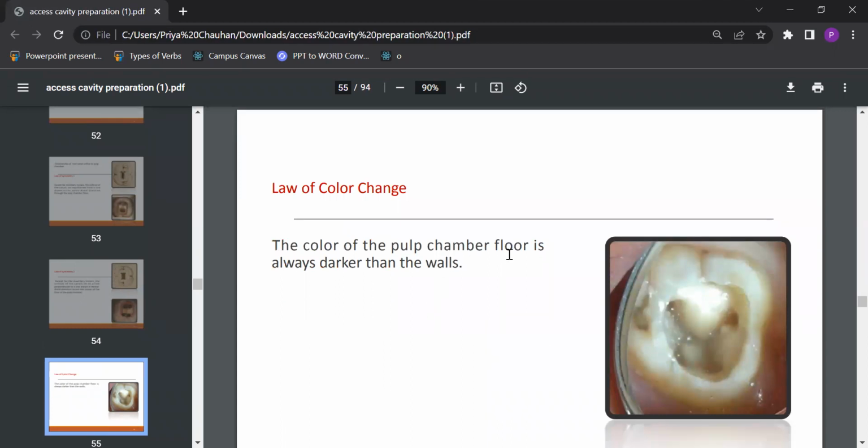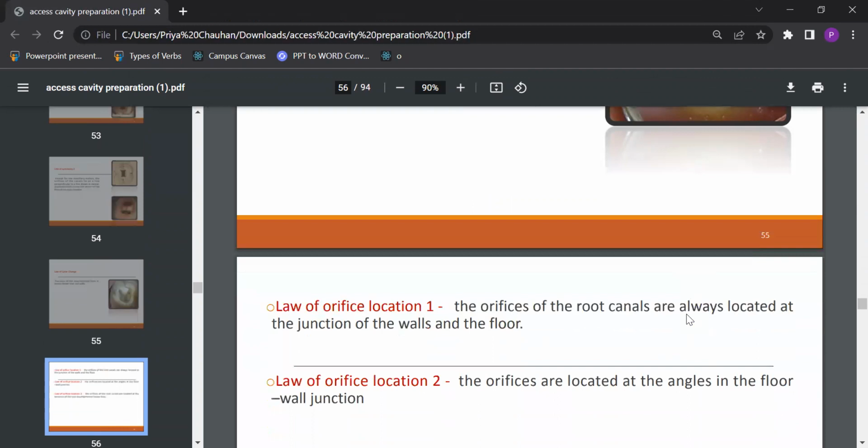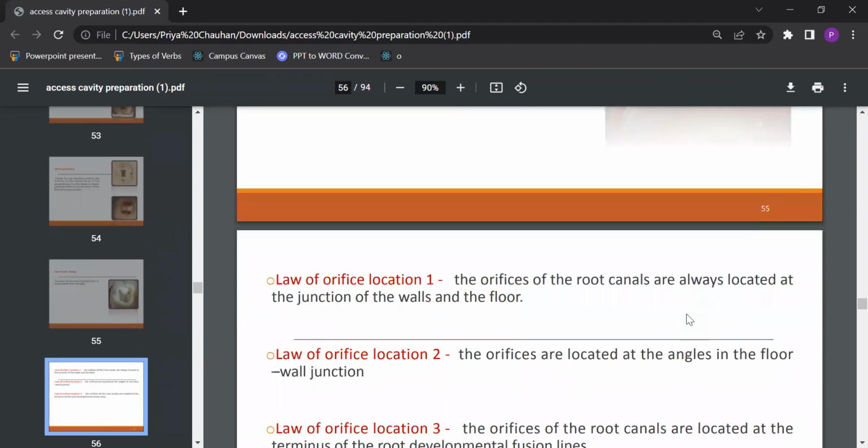The color of the pulp chamber floor is always darker than the walls. So it should be darker than the walls. Law of orifice location: the orifices of the root canal are always located at the junction of the walls and the floor.